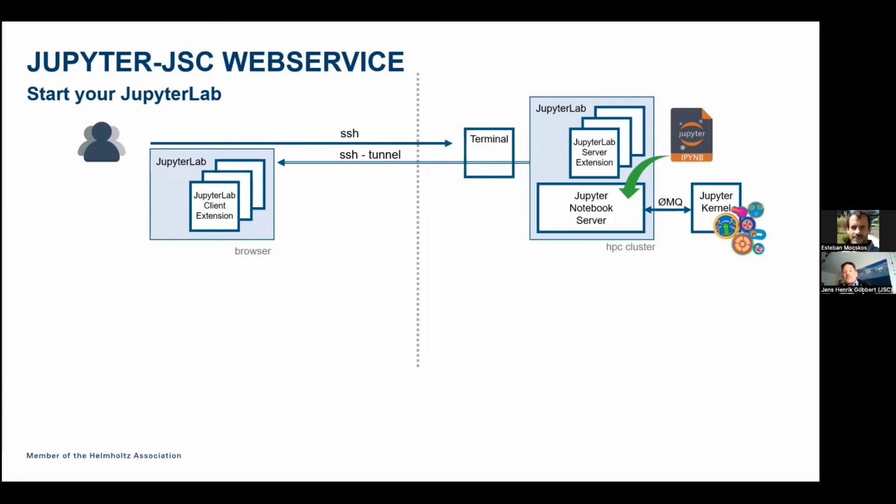Starting this server provides you with the port and the token. You can then do your SSH tunnel and connect your browser to that, and you are on the system on the login node, or you could even tunnel to the HPC node, to an HPC job perhaps. So this is a very classical setup.